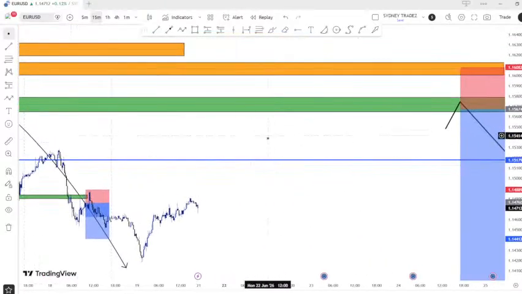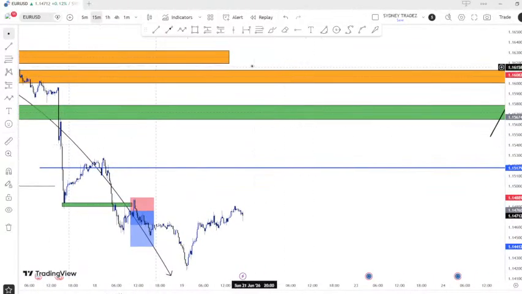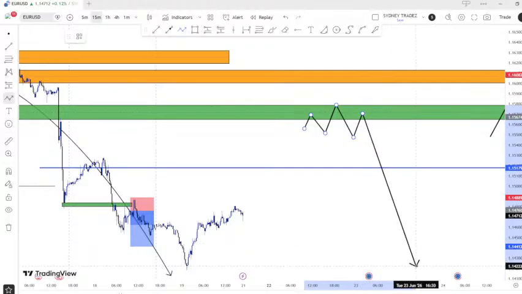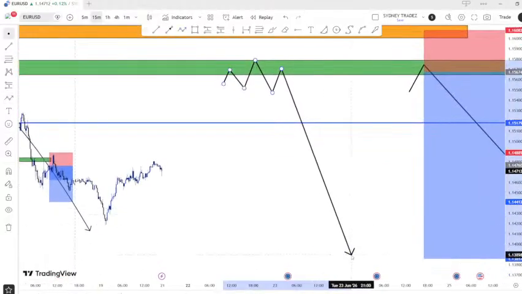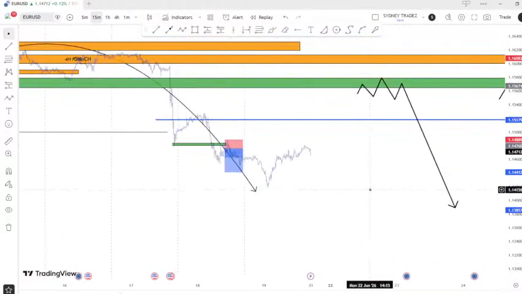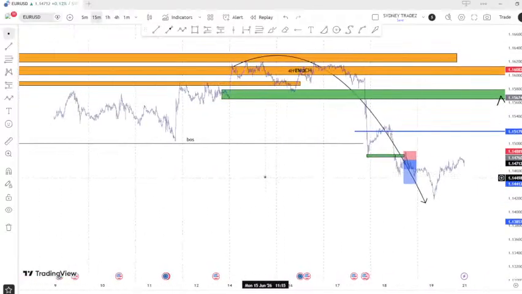But let's wait for price to reach this level, and then we stack in our positions. Don't forget a 15-minute change of character right here on this level. Let's harvest something on that level. We shall expect price to touch there, and I think as well as GBPUSD, because EURUSD goes in line with GBPUSD.